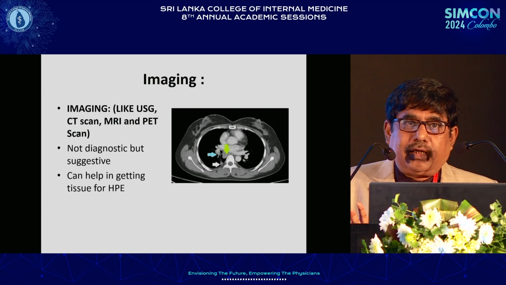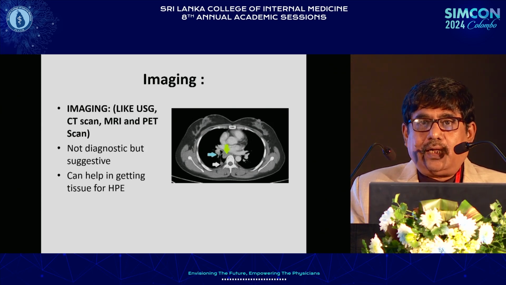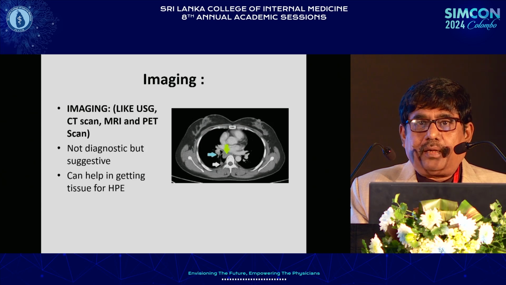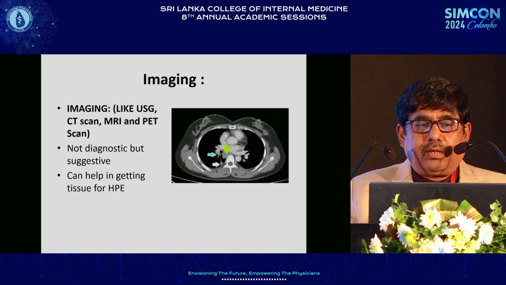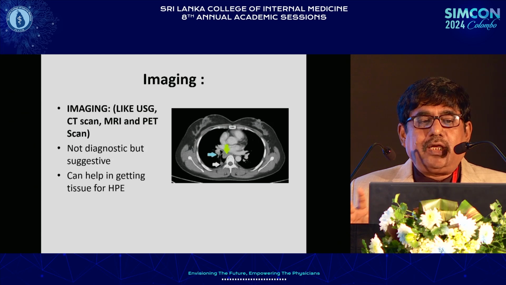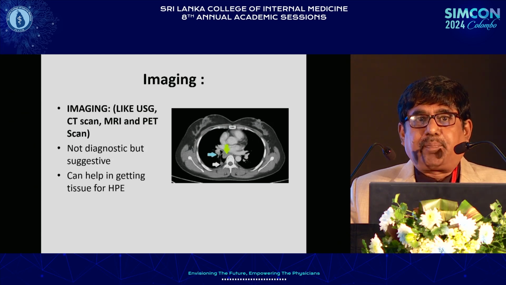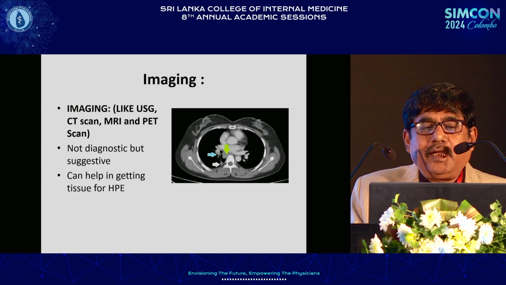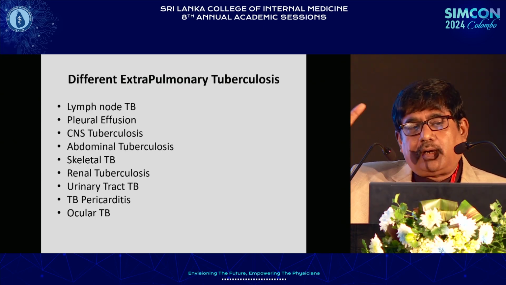So whenever you think a patient may have extrapulmonary tuberculosis like pleural effusion, constrictive pericarditis or abdominal TB, go for USG, CT, MRI, whatever is applicable in that case. That gives a lot of clues that the patient may have extrapulmonary tuberculosis of that organ.